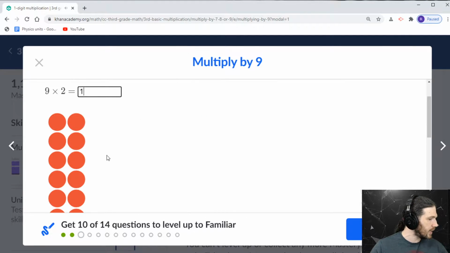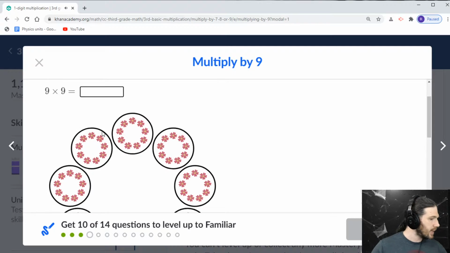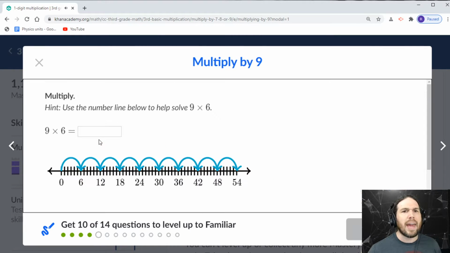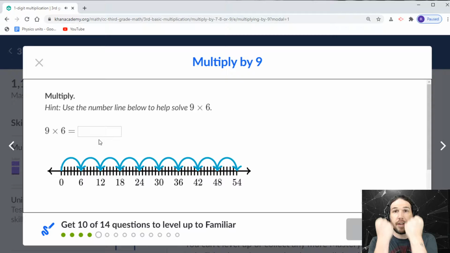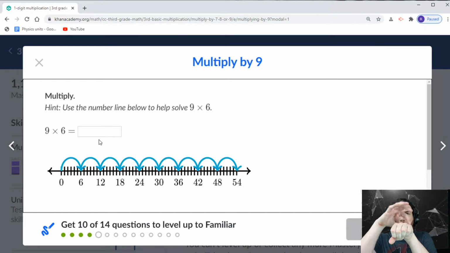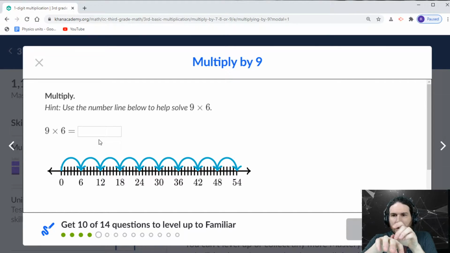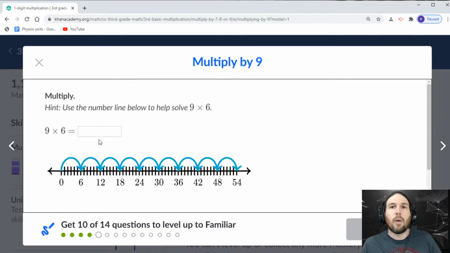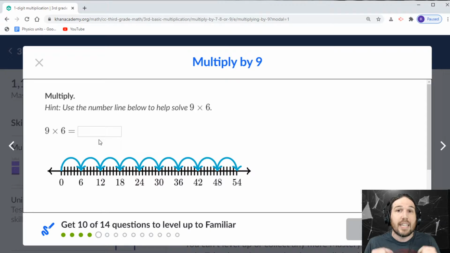9 times 2 is 18. Let's blitz through this. 9 times 9 is 81. With multiplying by 9, you may have learned the knuckle trick, right? Where you count the knuckles and you have a certain number on one side and a certain number on the other. The reason that works is because if a number is a multiple of 9, the digits will always add up to another multiple of 9.